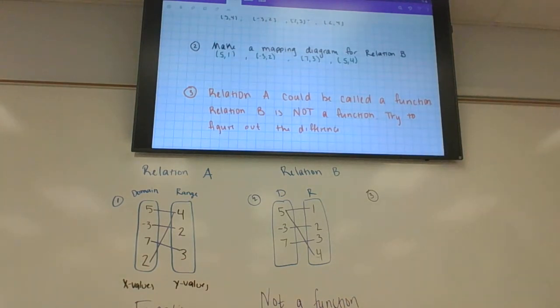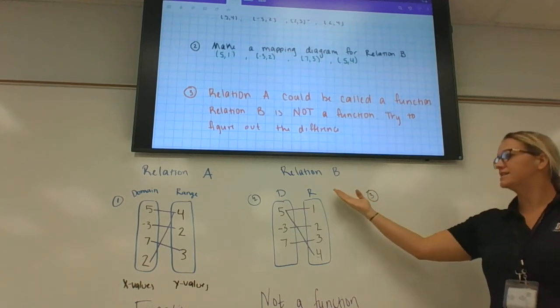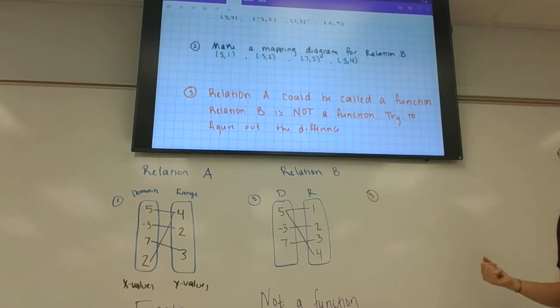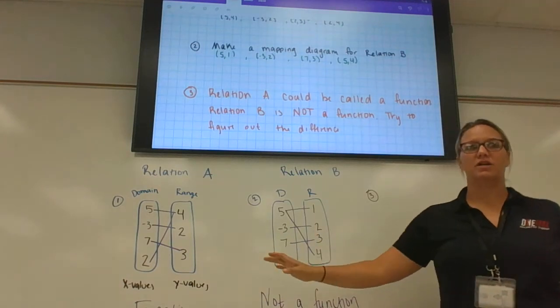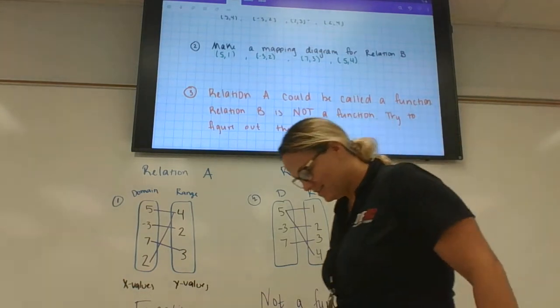Okay. In your group, figure out the difference and write a statement. Explain the difference. Why is number 2 not a function, whereas number 1 is? Once you feel like you got a beautiful statement that I can write on the board for everyone, let me know. You got a beautiful statement?